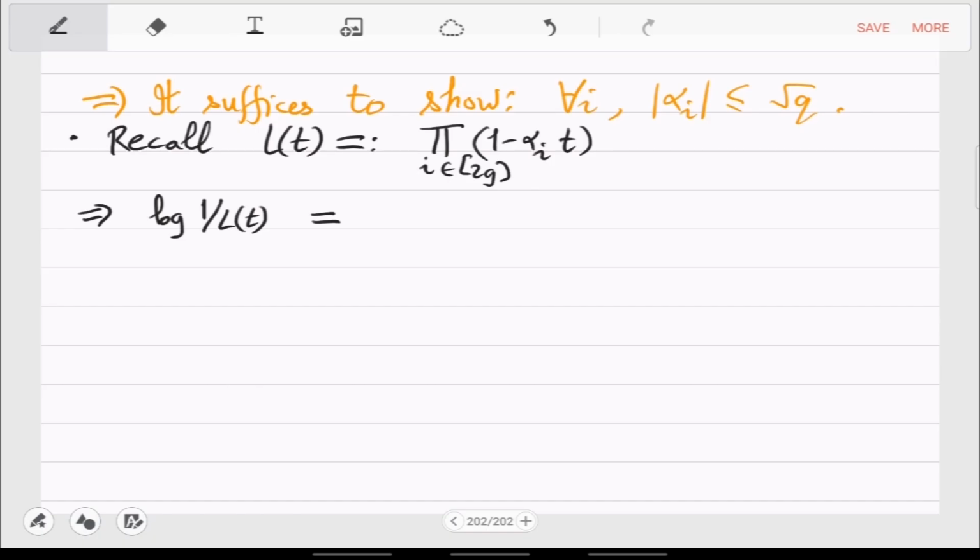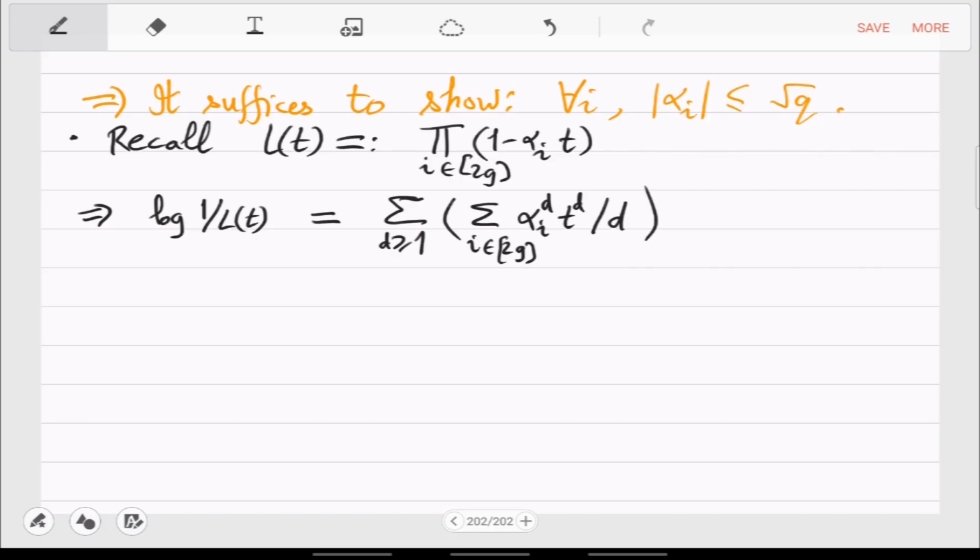So we are taking minus log on both sides.